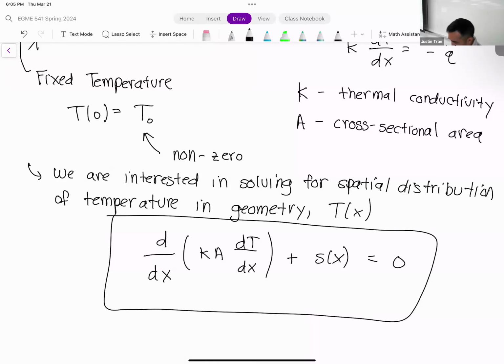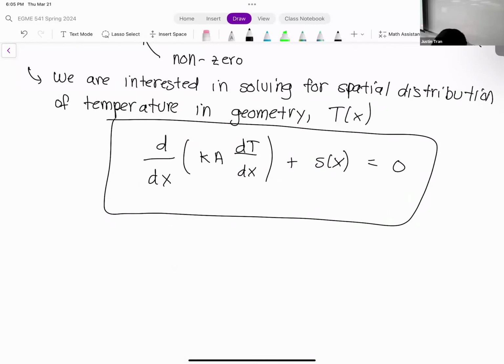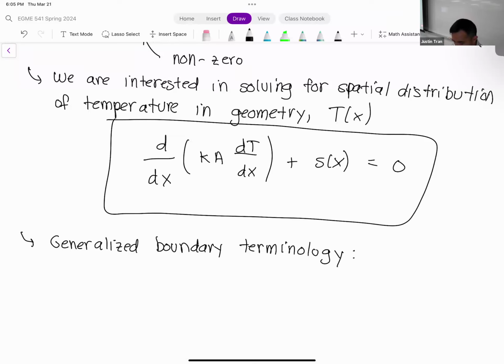Okay. All right. A bit more terminology before we move forward is that I'm going to generalize the definition of the boundaries. So this is going to be important for us as we define our weak form and the general form.